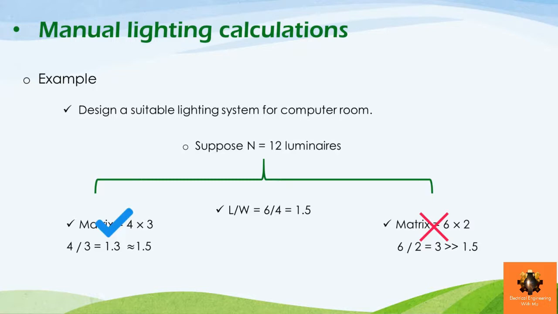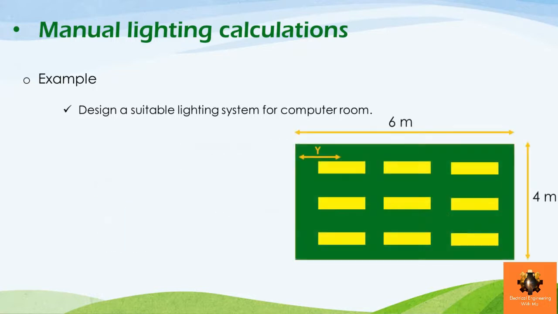Very good. Now let's go back to our original example where we have 3 times 3 luminaires. At that point, after selecting the number of rows and columns, the next step is to decide where the positions of the luminaires will be. To decide the positions of the luminaires, we have 2 rules that we follow.